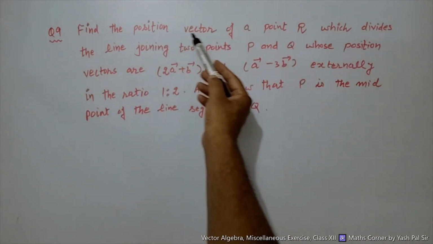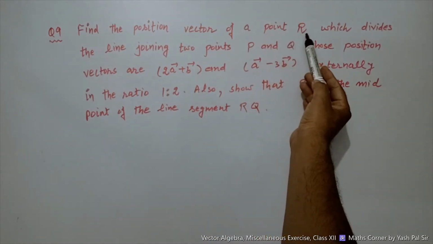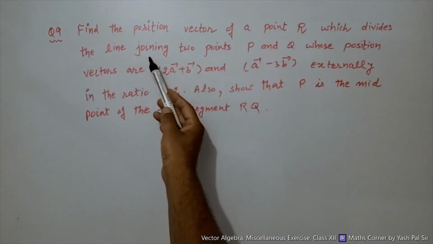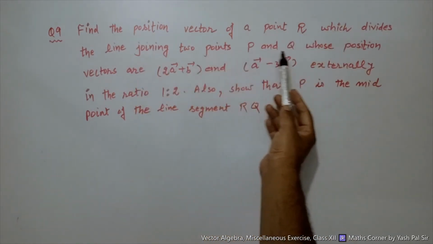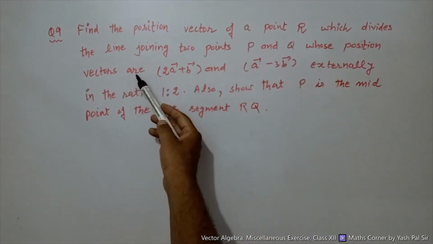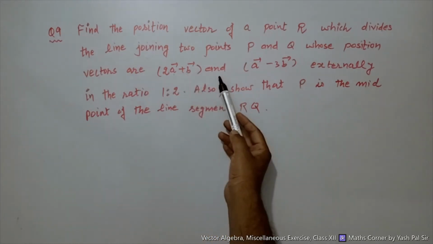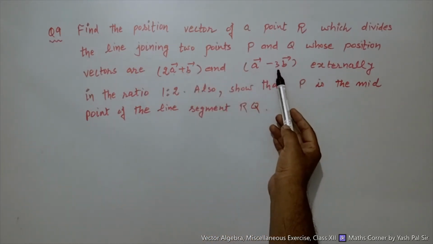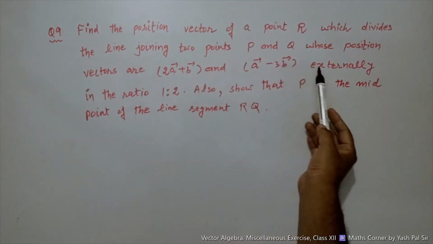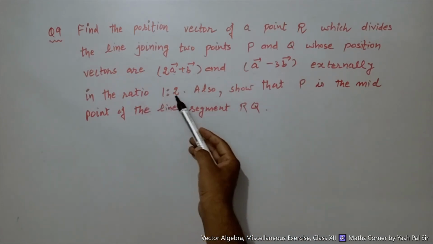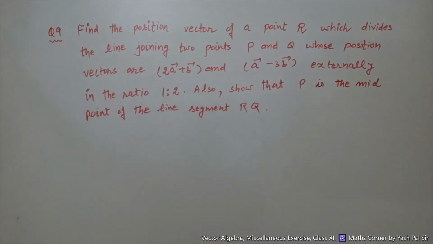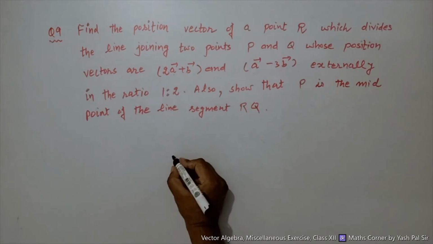Question number 9. Find the position vector of a point R which divides the line joining two points P and Q, whose position vectors are 2 vector A plus vector B and vector A minus 3 times vector B, externally in the ratio 1:2, right?